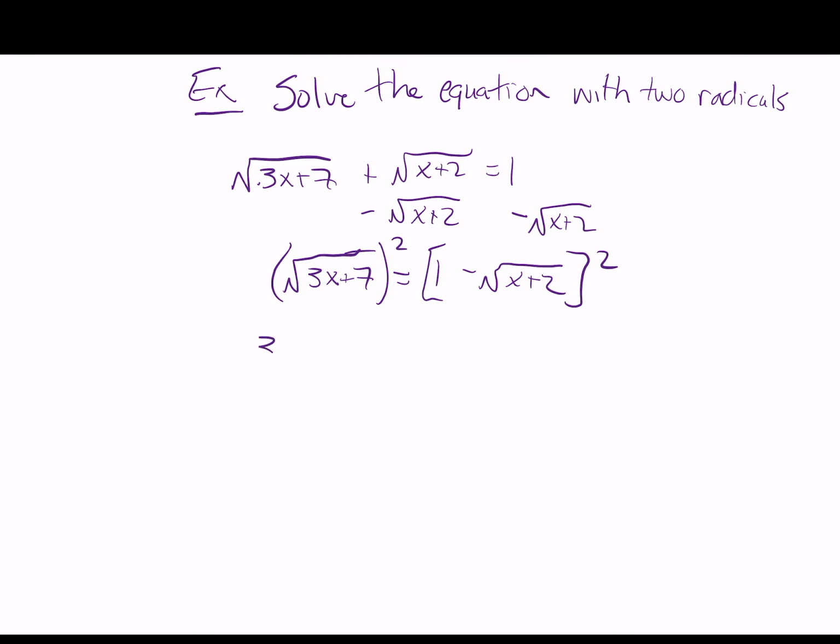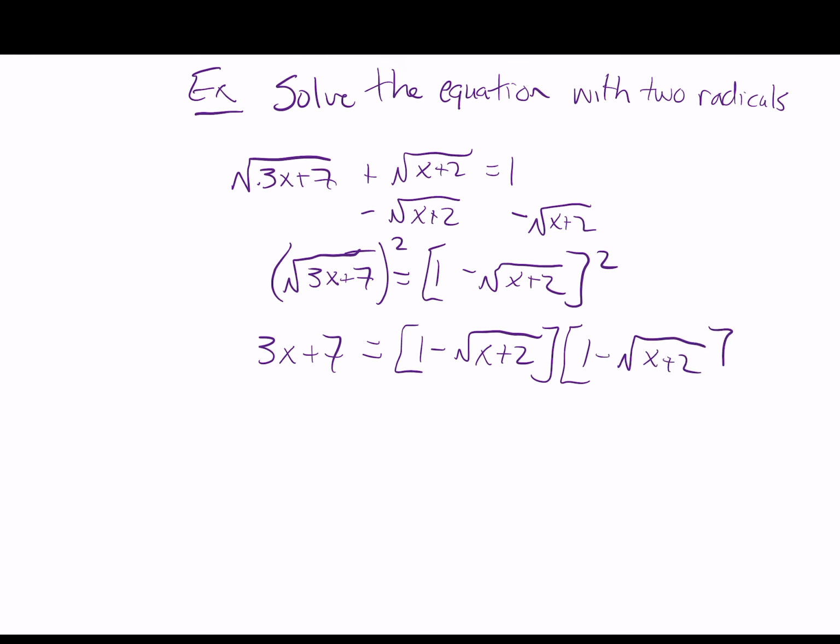And we're left with 3x plus 7 is equal to, and this time I'm going to actually write out the square root portion as two factors. So I will need to double distribute. So I have 1 times 1, which is just 1.